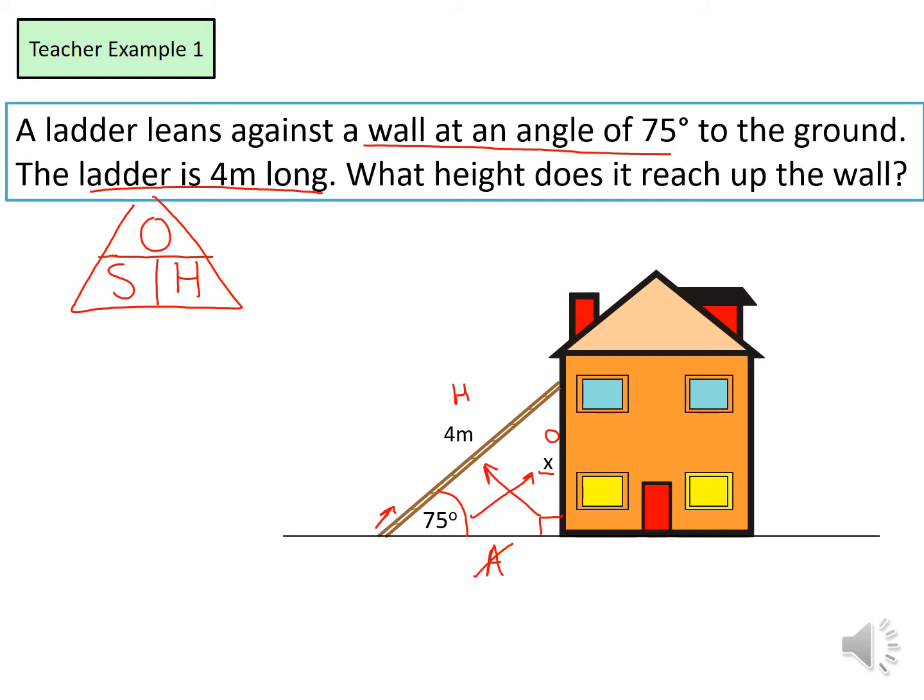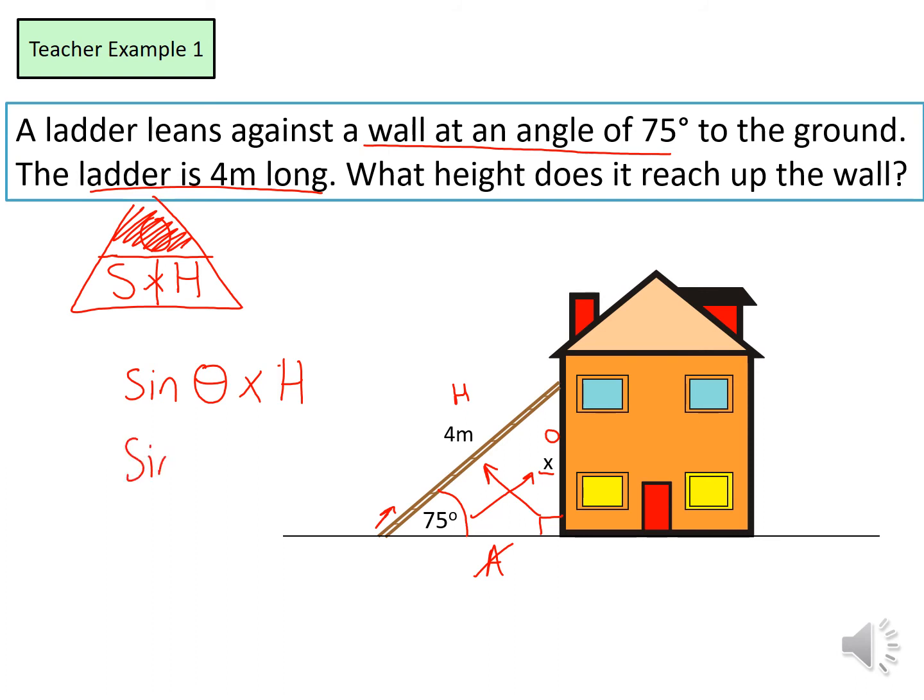Which one are we trying to work out? We're trying to work out the opposite side, so we shade or cover that one in. Then we are left with sine theta times my hypotenuse. So you're going to write down sine theta, or angle, times my hypotenuse. Now we can substitute our values in.